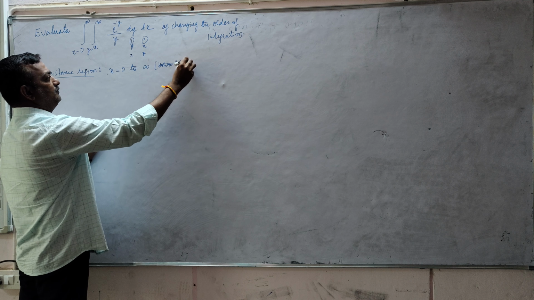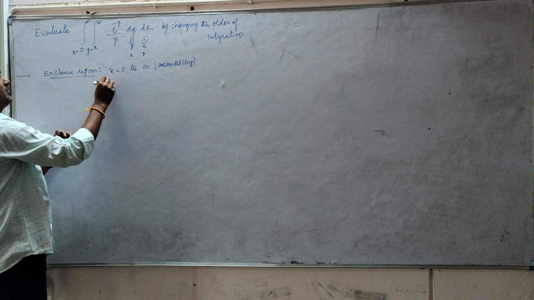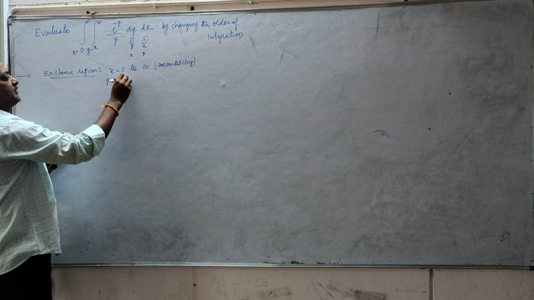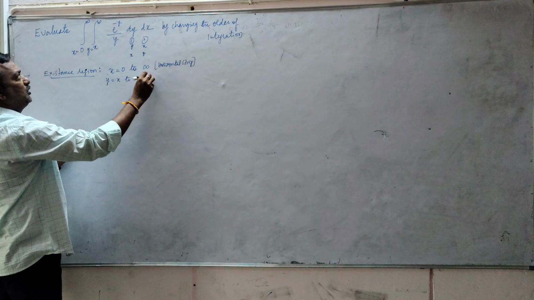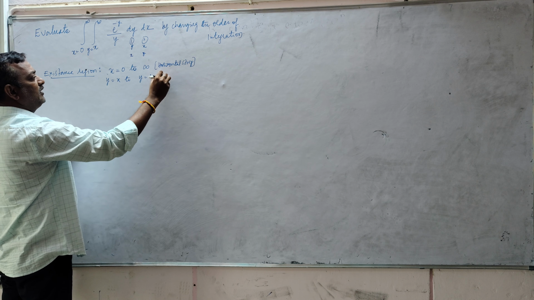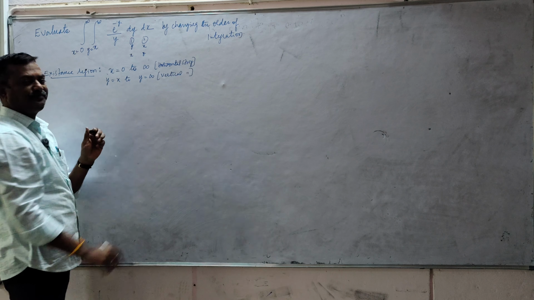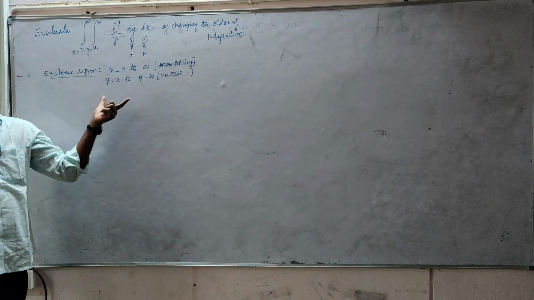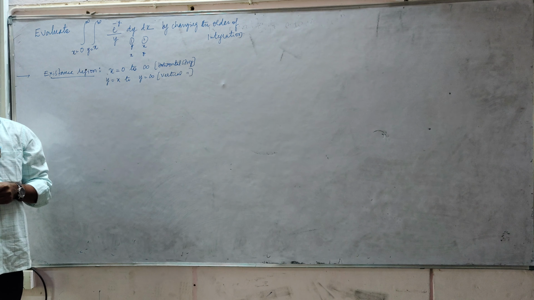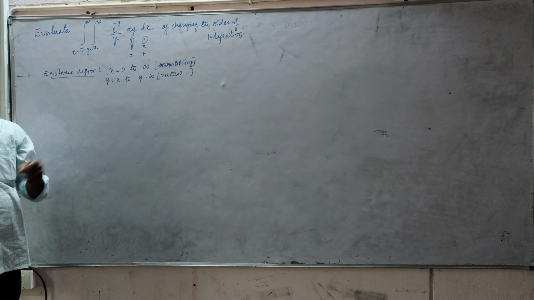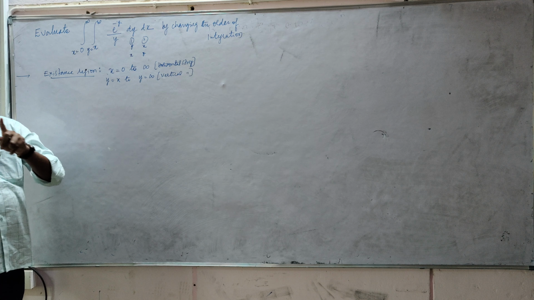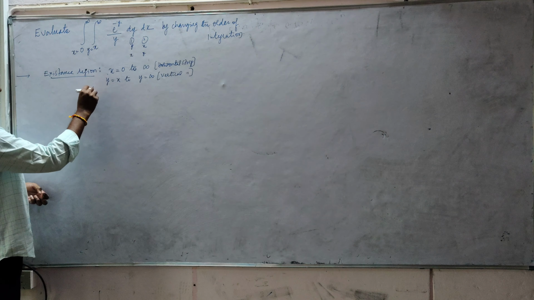And y is equal to x to y is equal to infinity is called the vertical strip. Now I am going to express this using a diagram, in geometrical form. Just look at how it represents.